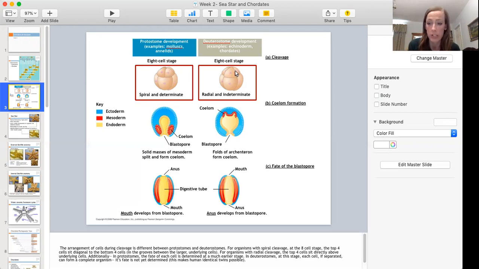Whereas with deuterostomes, cleavage at this point is still indeterminate. So what that means is that you can take this single cell and it has the potential to develop into a number of different structures in this organism. So its fate is not yet determined.